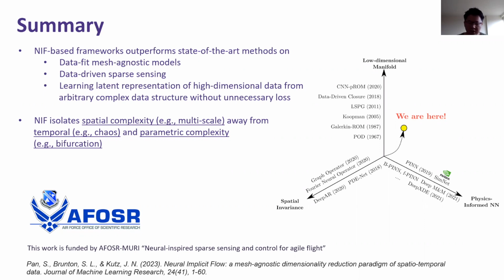That actually goes along with the traditional line of low-dimensional manifold methods. If you look at the figure on the right, starting from the 1960s, POD, Galerkin, Koopman, LSPG, data-driven closure, or CNN, P-ROMs, they're all based on the concept of low-dimensional manifolds.